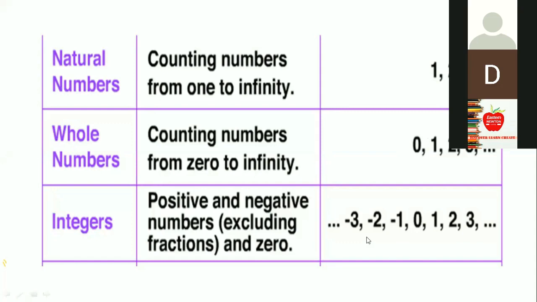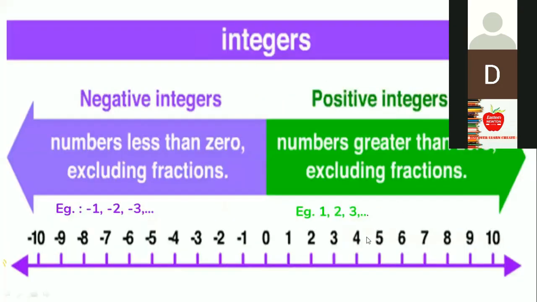Next slide. If we arrange integers depending on their value, we will get a line called a number line. So what is a number line? A number line is an arrangement of numbers depending on their values.